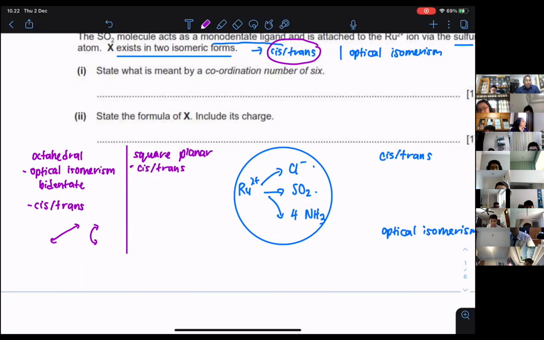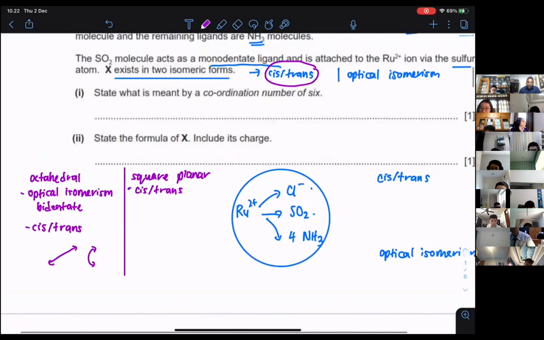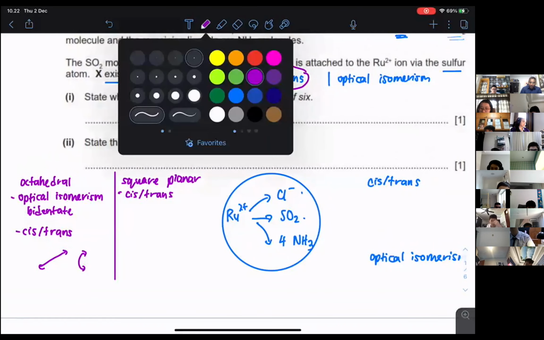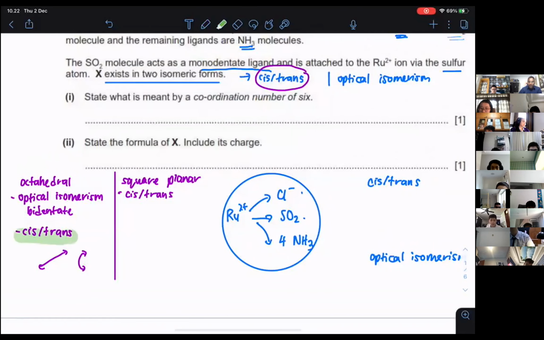According to what I taught you, you should be able to deduce this one is going to be octahedral, but since all of them are monodentate ligands, most likely the answer is going to be cis and trans. So this is something that you should learn. I hope you understand. Thompson, later I'll show you how it is going to be formed. We will go through that.